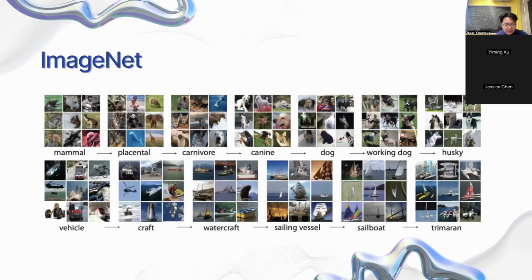Let's say you have the ImageNet dataset, with a bunch of classes. Again, you have mammal, placenta, carnivore, and so on.